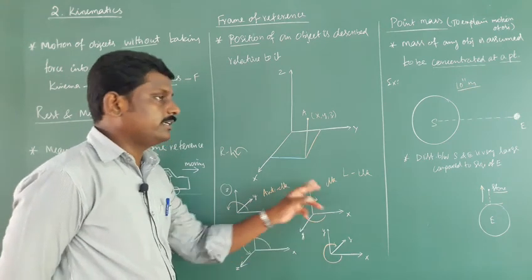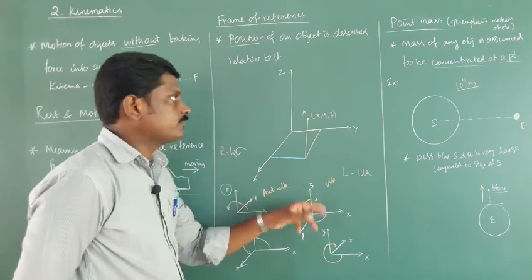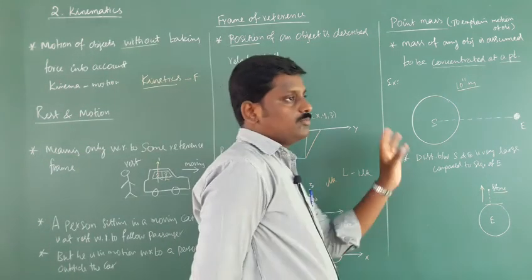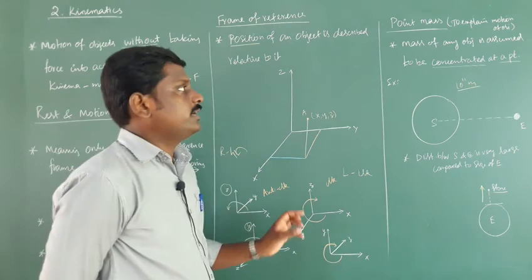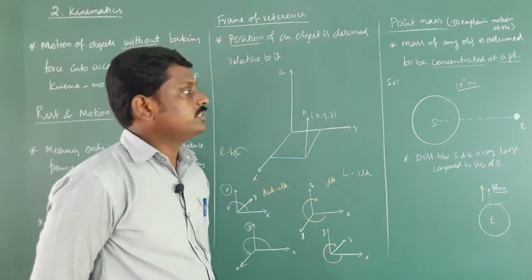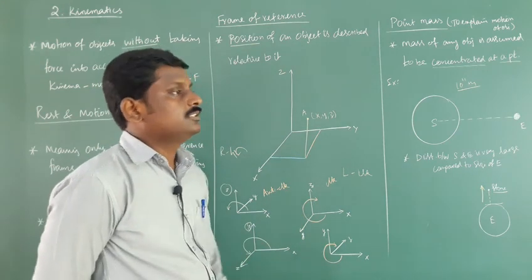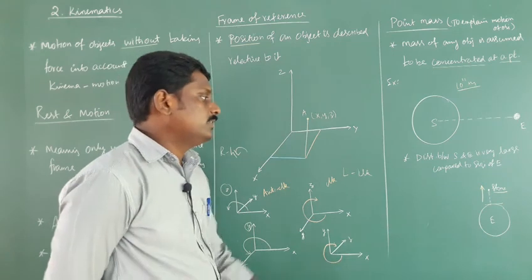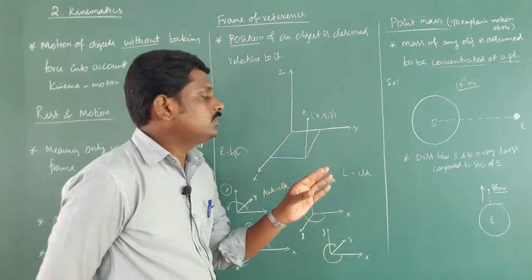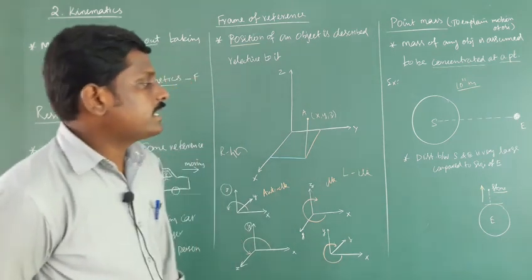Then point mass: to explain the motion of an object, the object is considered a point mass. We have seen two examples: the earth, between the sun and earth, is considered a point mass, and a stone thrown vertically upwards is also considered a point mass.